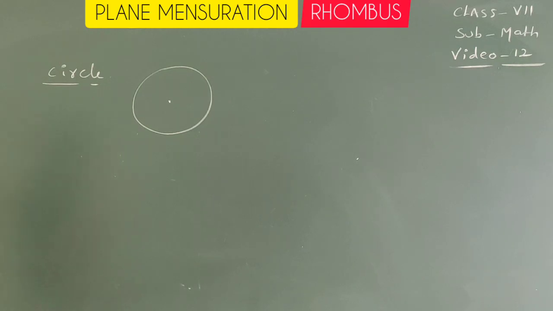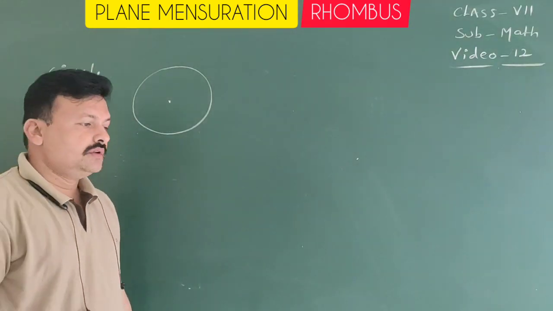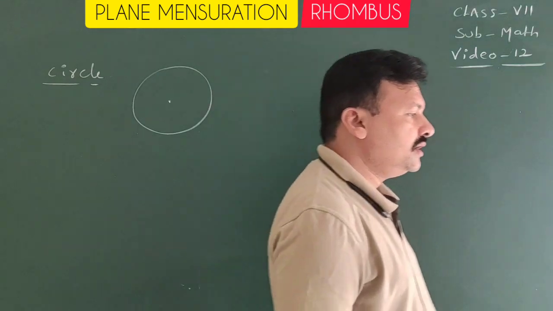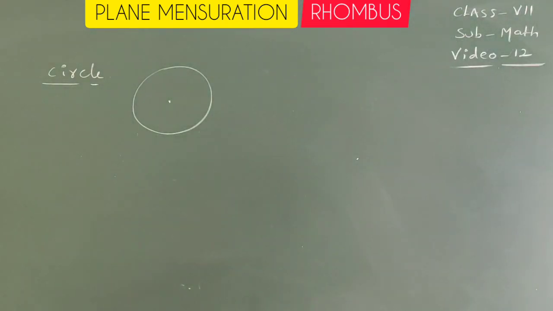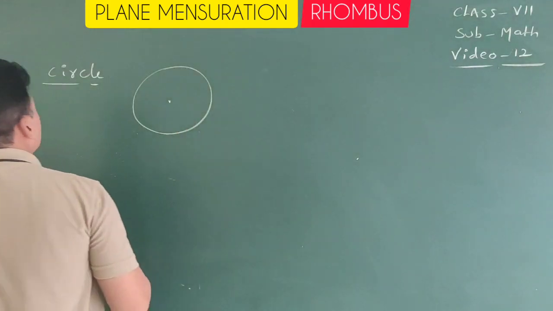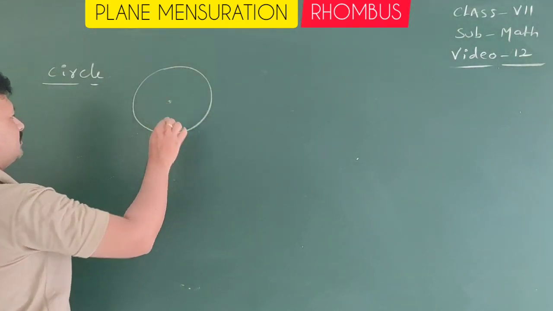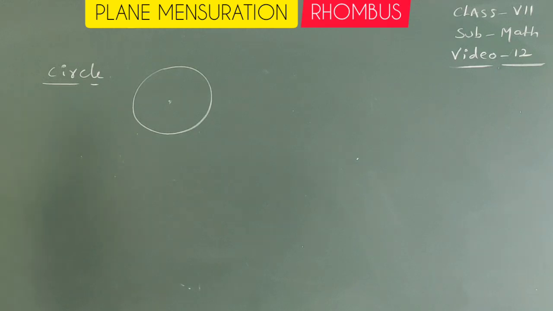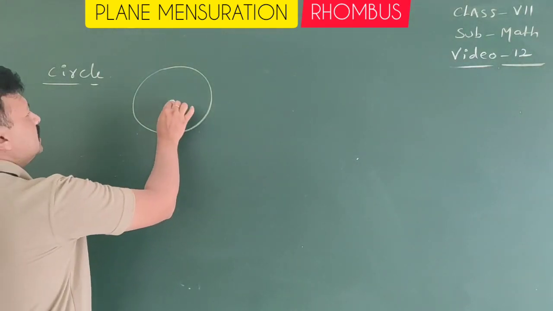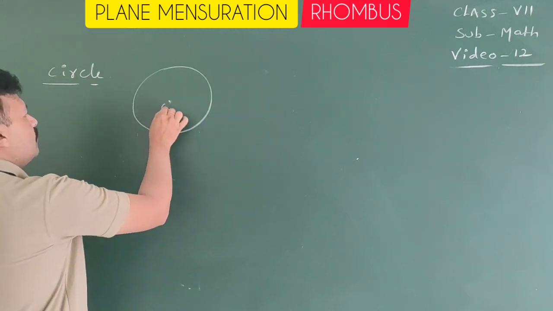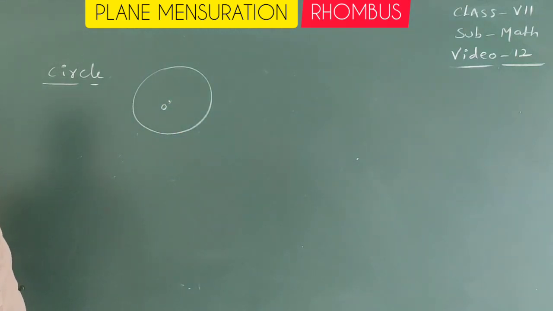For the completion of circle, we need to start solid figures. Circle is a simple closed figure bounded by points which are equidistant from a fixed point. So here, this one O is the center of the circle.